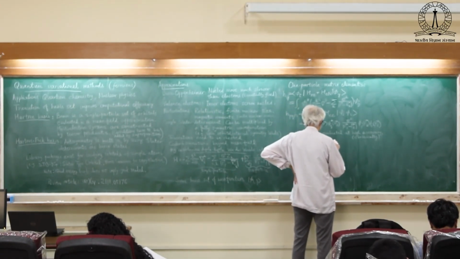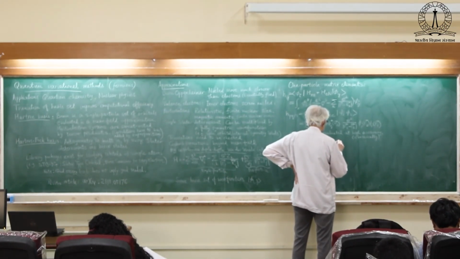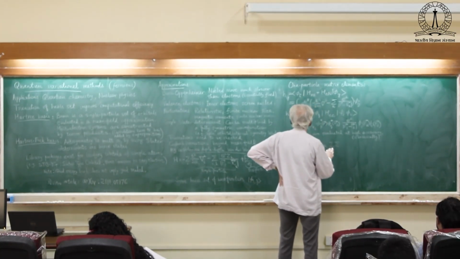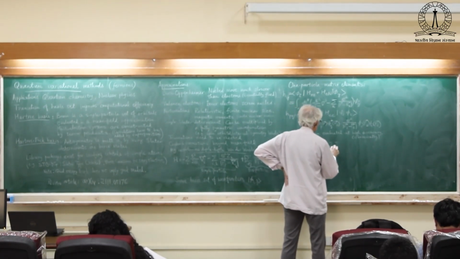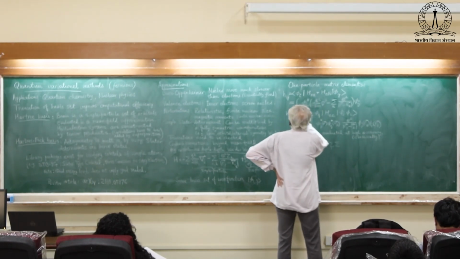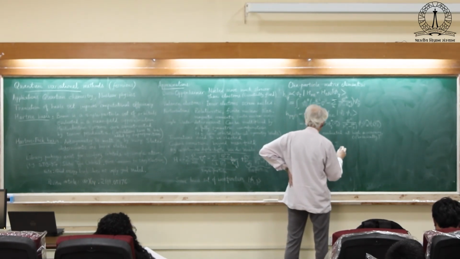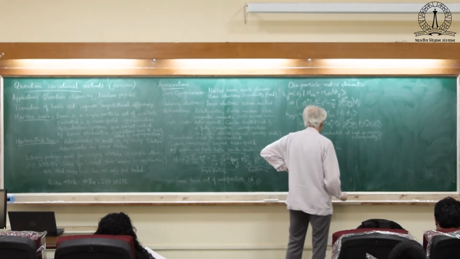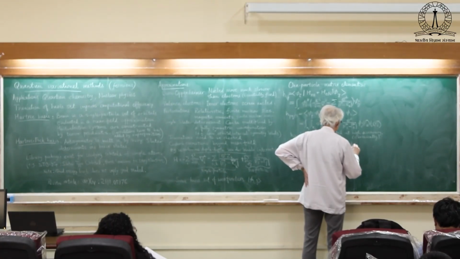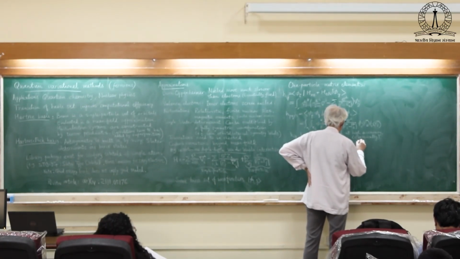So there is a sum over i, sum... I should not confuse this i j over here, so let me put some other label m n. And then there is H m n, i.